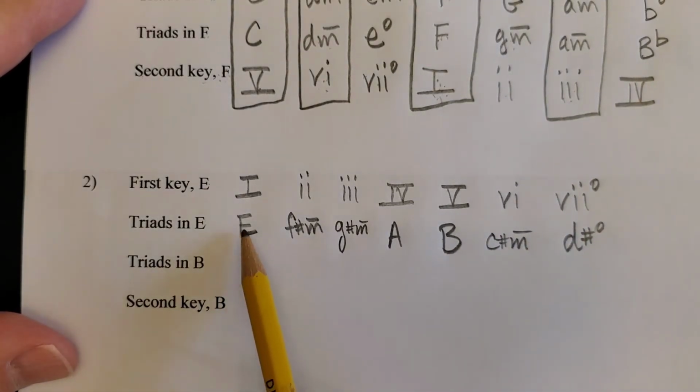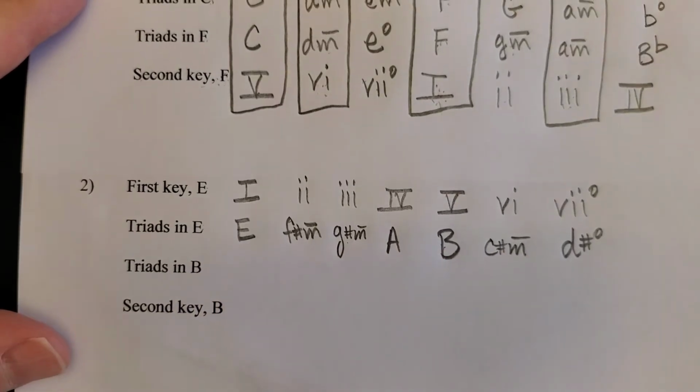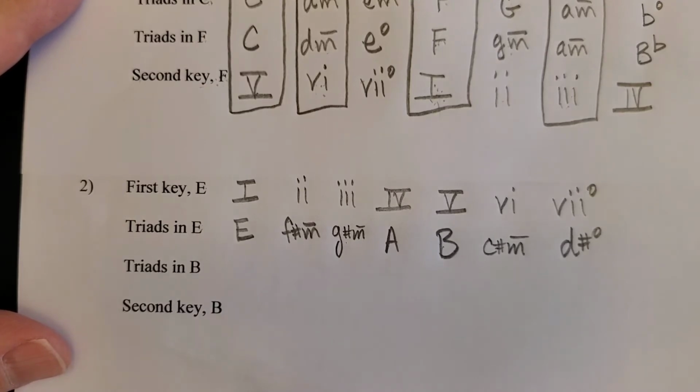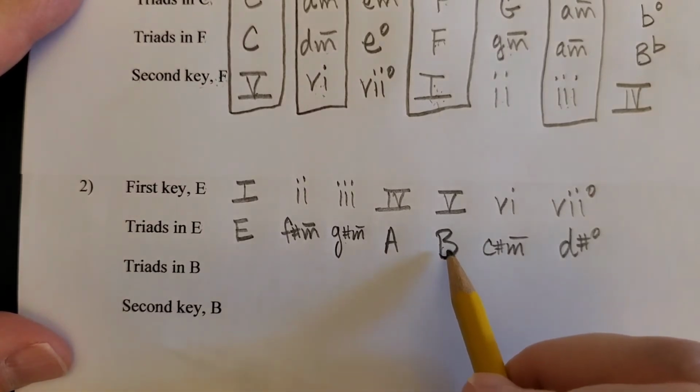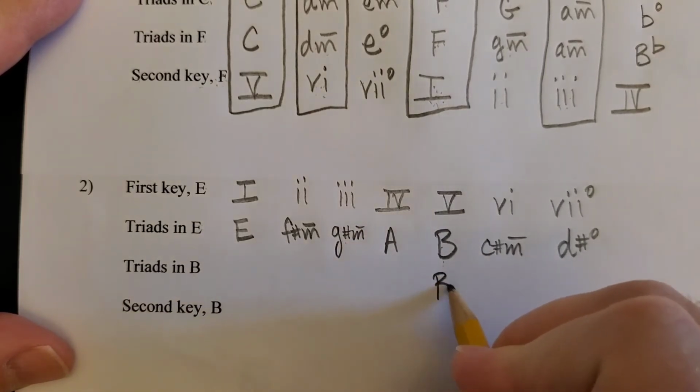So these are the diatonic chords in the key of E major, the ones that belong to the key signature. Now we're going to look at the diatonic chords in the key of B major and see if we can line them up and find alike letter names of the same quality, that is. And we're going to start here, right? Because in the key of B major, of course, B major is 1.